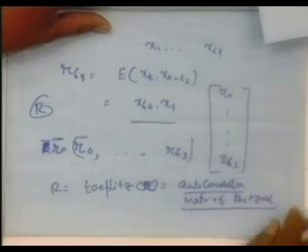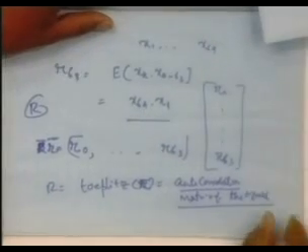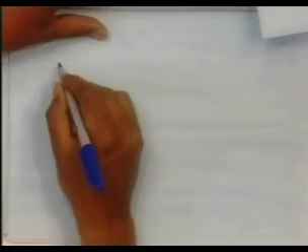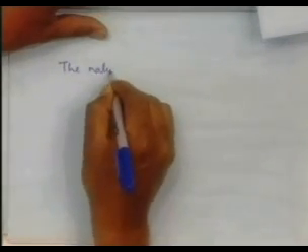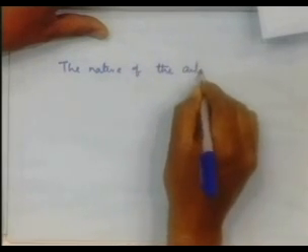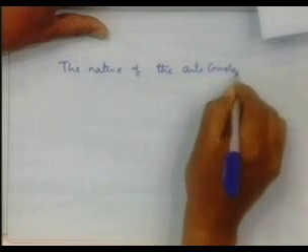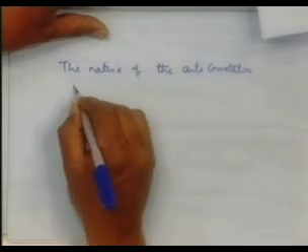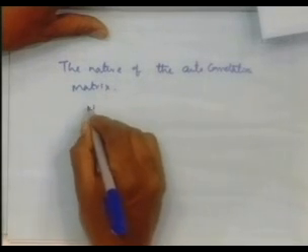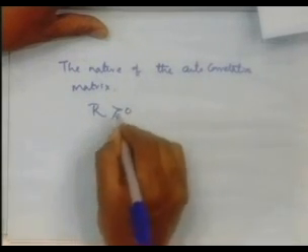So this has far-reaching results, because of the nature of the autocorrelation matrix. First of all, this autocorrelation matrix R is positive definite.